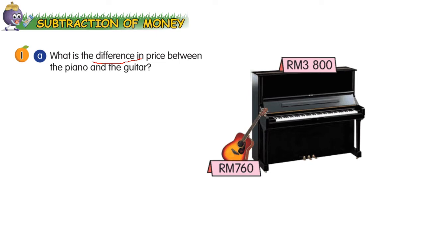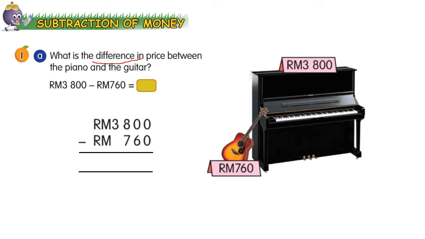The difference means you have to do subtraction. So the bigger value here is 3,800, you have to minus the smaller value, which is 760 ringgit. So the number sentence is 3,800 minus 760 ringgit.